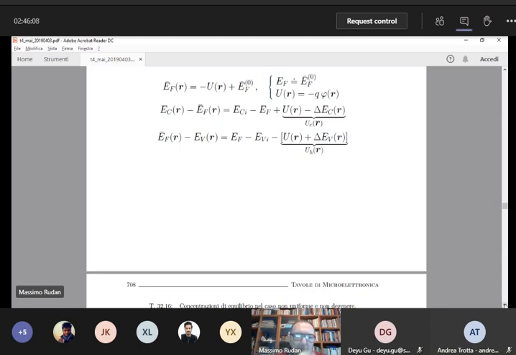Okay? If you find this point, then, of course, the constant will become equal to EF bar of 0. On the other hand, you remember the 0 of the potential energy can be placed arbitrarily in any position. Okay, so this is not a big deal.